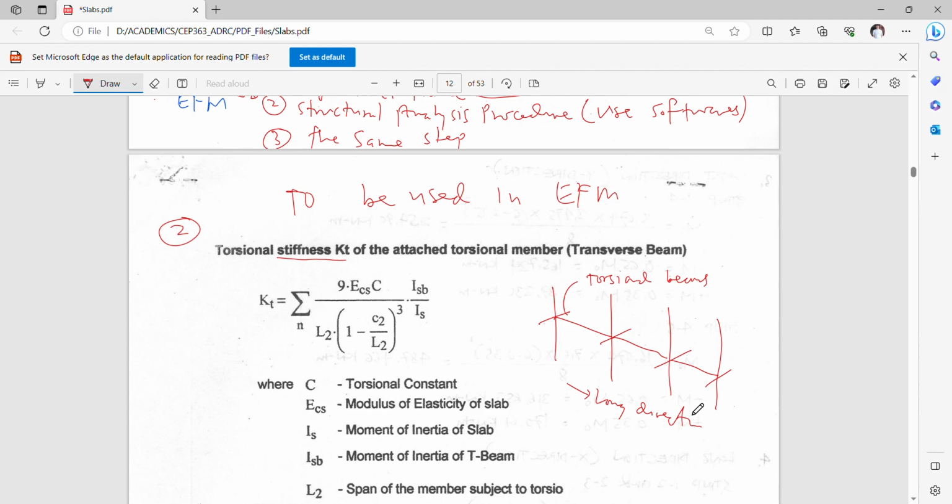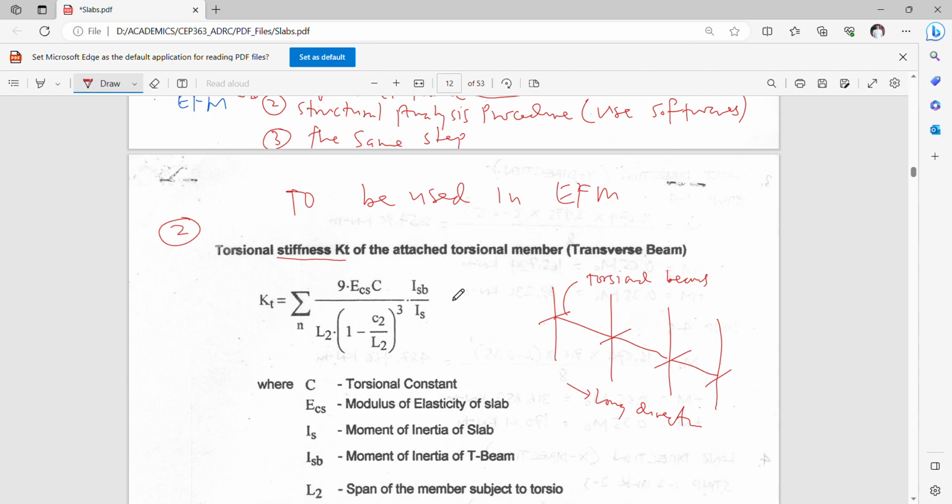So if I just want to conduct a frame analysis of one frame strip, I don't have to model the whole structure, especially if it's a typical bay frame, then this methodology or procedure is very fair.